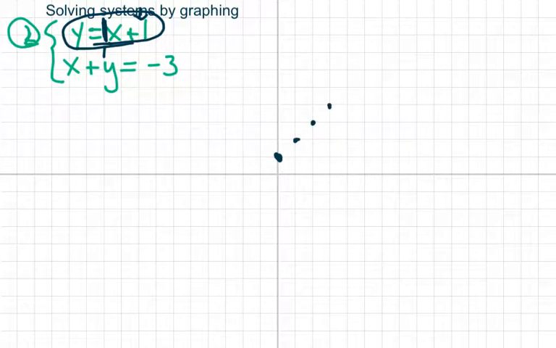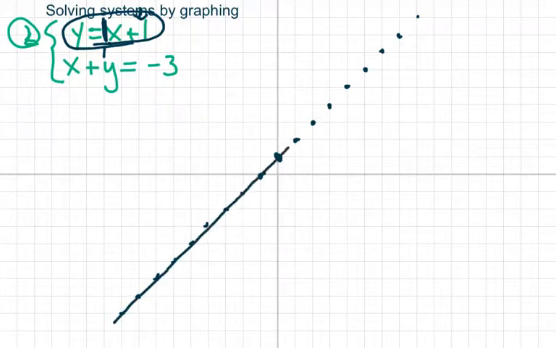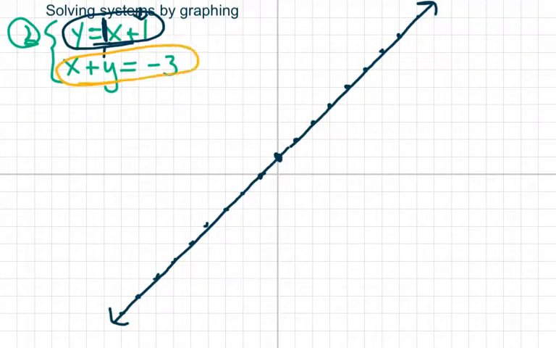So I continue that pattern throughout the whole grid, and I continue it in the opposite direction as well. And that should give me enough to get a good graph there. And you should be using a straight edge to draw your lines. Now, the problem with the second equation right here is that it's not in slope-intercept form.